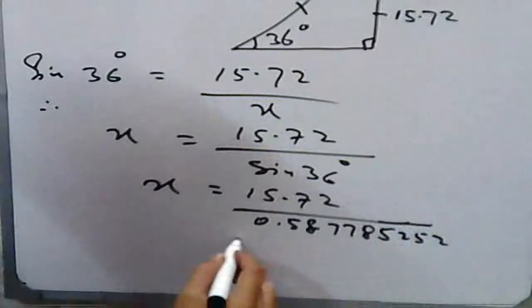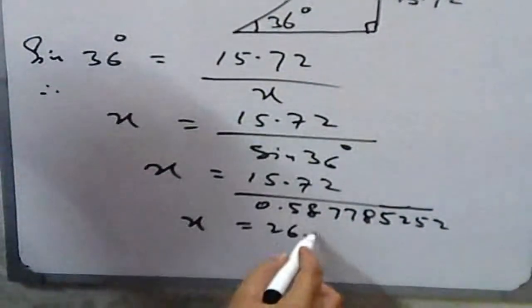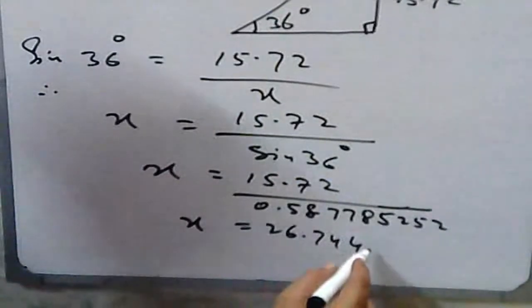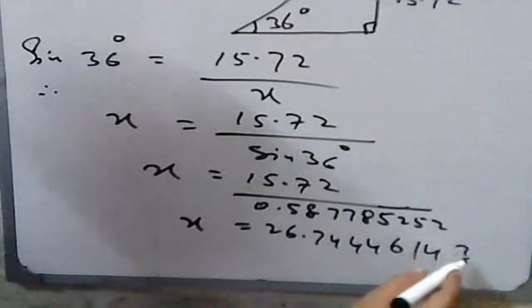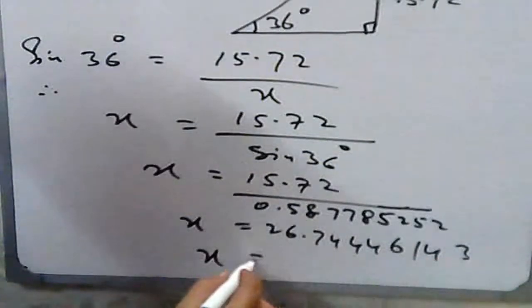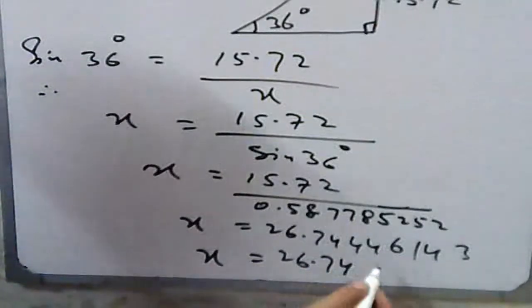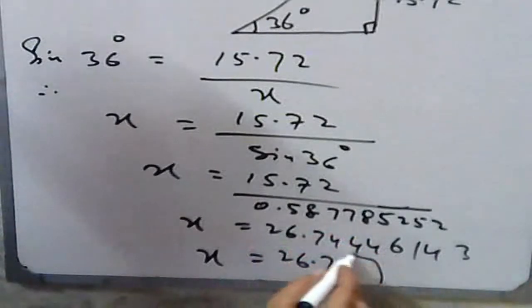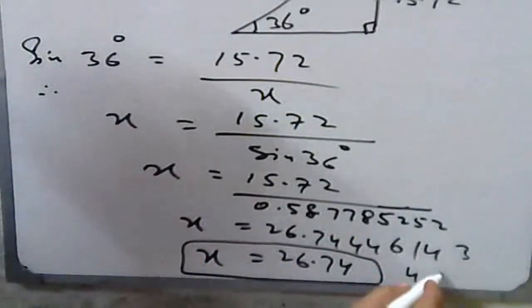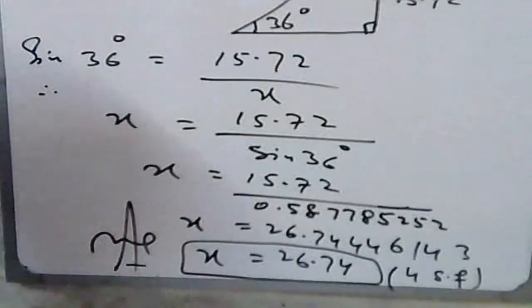So after division you will get 26.74446143, but we need up to 4 SF, that is 26.74, because the next digit is less than 50%, we cannot add it to the preceding term. So that is your value up to 4 SF. So that is your required result.